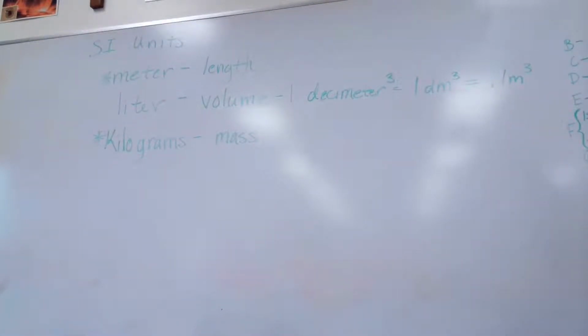Alrighty. What other quantities might you want to measure? Yeah. Density. Okay. Density is going to be a derived unit. There's not so much a specific unit for it, right? So density is your mass divided by your volume.